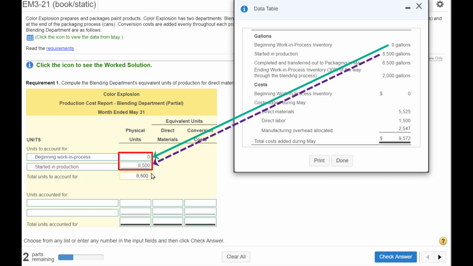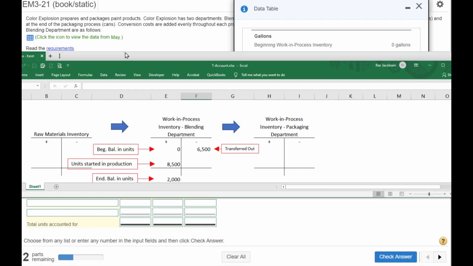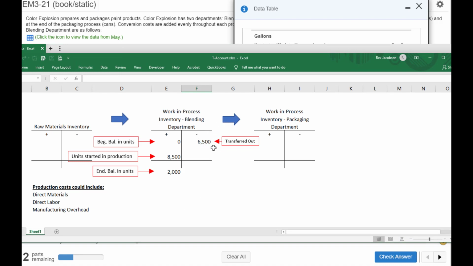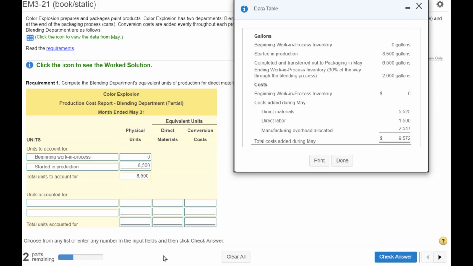8,500 to account for. So the units accounted for are the units that are leaving, the units that left plus the units that are still in the process. So they both have to equal 8,500.